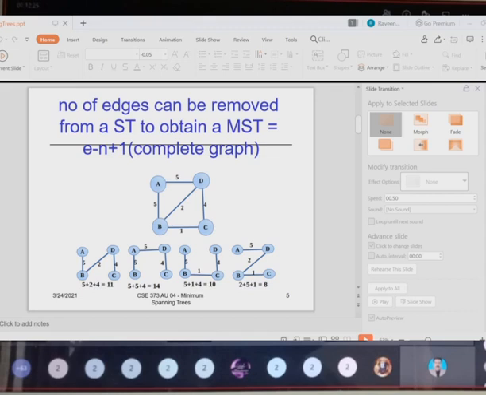And there are also many properties in MST. Trees which have distinct edge weights will have only one MST, one spanning tree, while if every edge has a similar weight, then it has many more spanning trees.